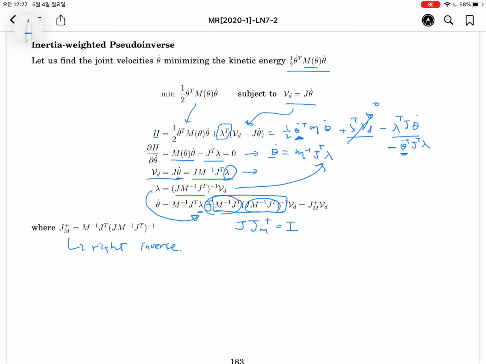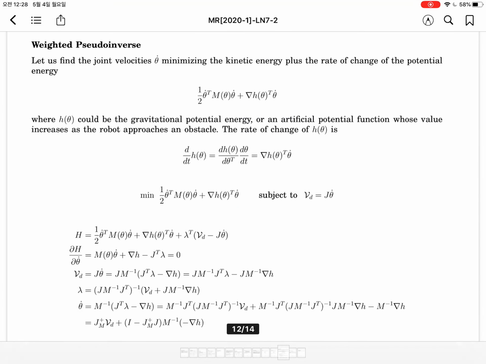This is the right inverse. Okay, let's memorize: M inverse J transpose, J M inverse J transpose inverse. It's the J inertial-weighted inverse. The inertial-weighted inverse minimizes the kinetic energy.